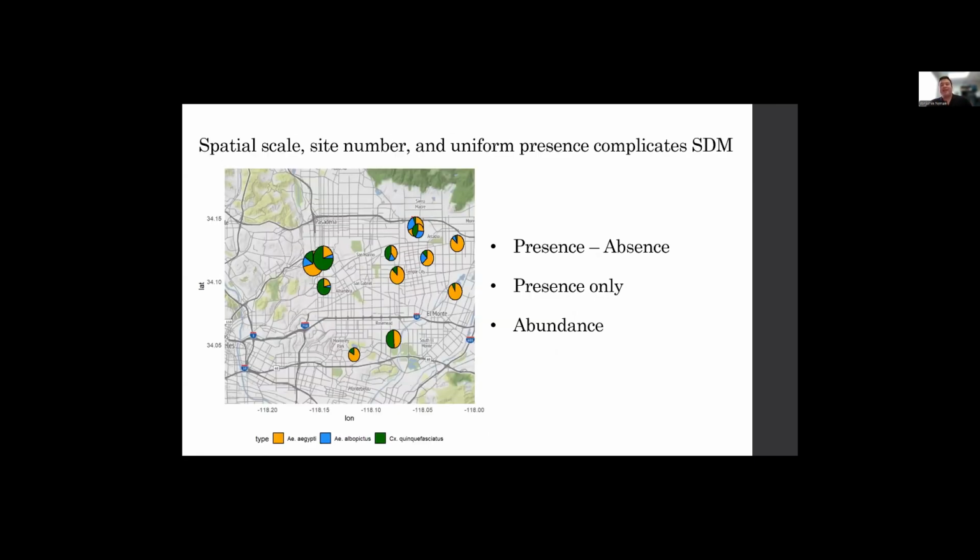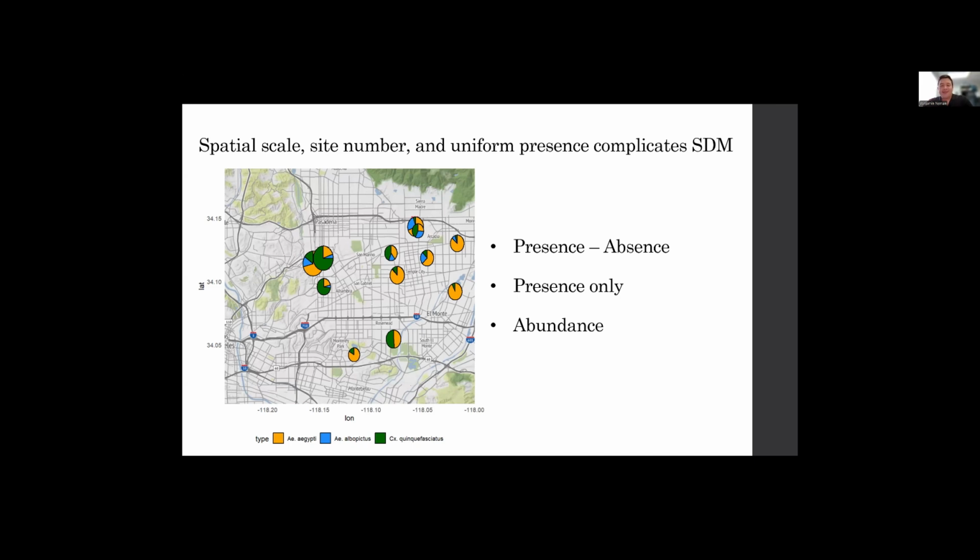However, when it comes to building a model, you need to select a response variable. And in this case, we're challenged by a small spatial scale. If we're talking about a single district in Southern California, many of them aren't trapping on a large scale with a huge number of traps.